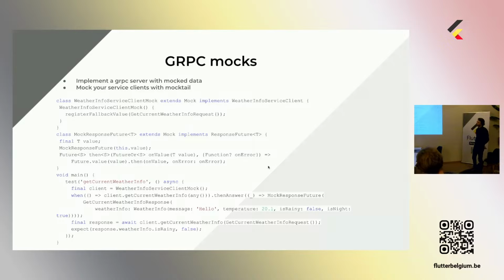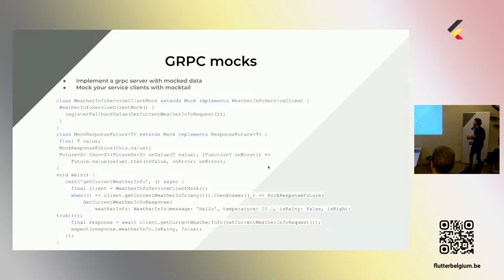If you want to do tests, of course you want to do tests, there are 2 possibilities. First is the thing I showed you. If you have a proto spec, you can just create a Dart server and implement it with mock data. But during tests it's not possible to access the network.